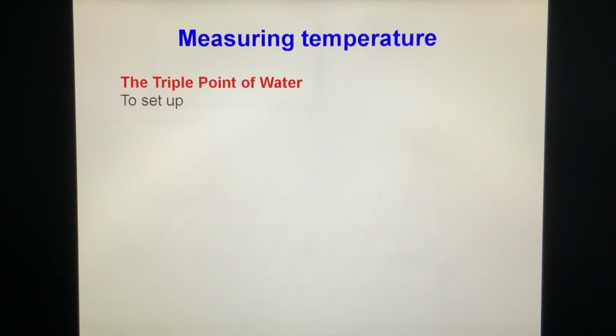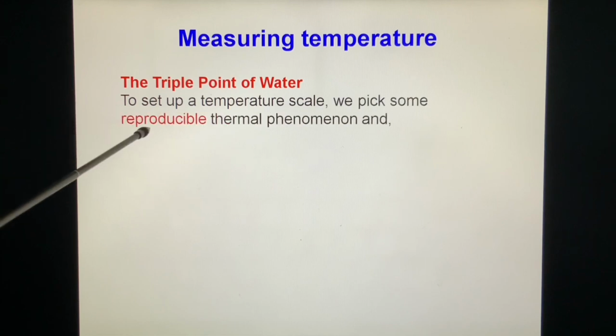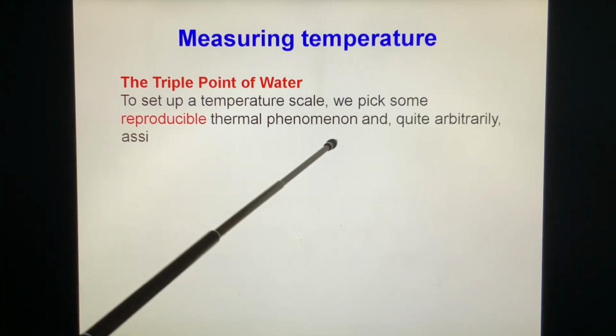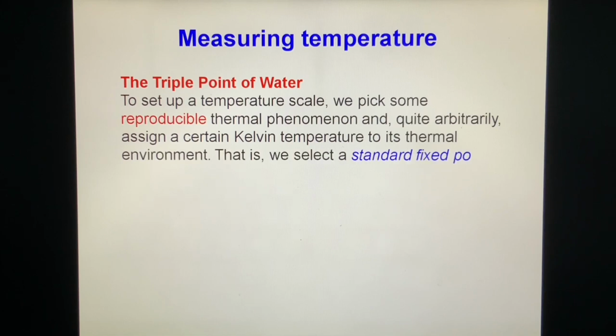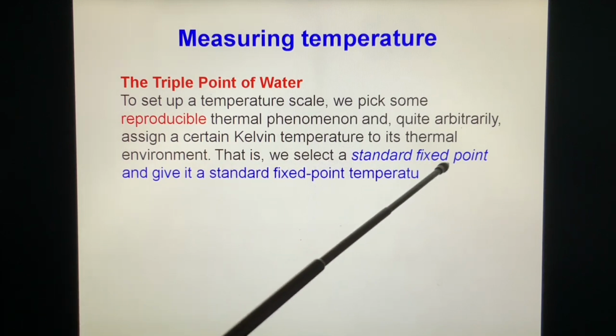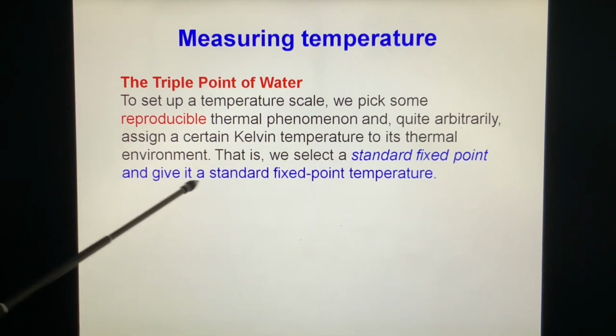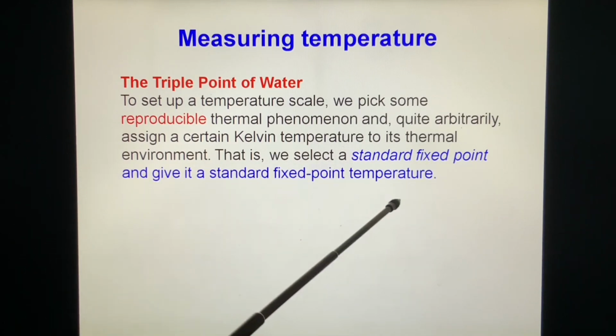The triple point of water. To set up a temperature scale, we pick some reproducible thermal phenomenon and quite arbitrarily assign a certain Kelvin temperature to its thermal environment. That is, we select a standard fixed point and give it a standard fixed-point temperature.